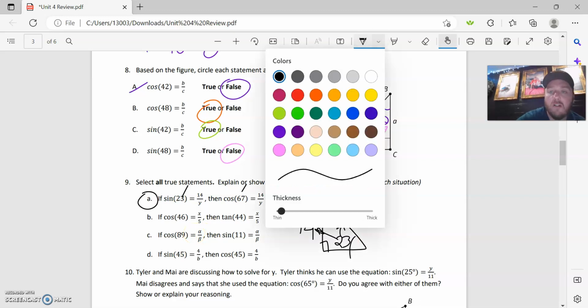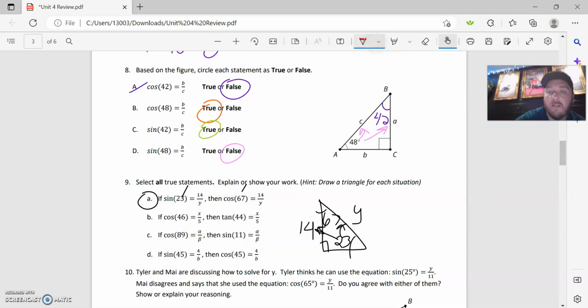I'll do another one. We'll go red this time. I've got 46 here. So that means this guy's 44. And it says the cosine of 46. Okay, so pick my corner, 46. Within 46, I have to look at the adjacent side because I'm working with cosine.